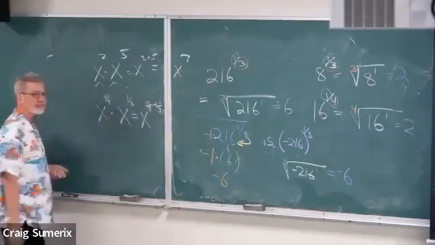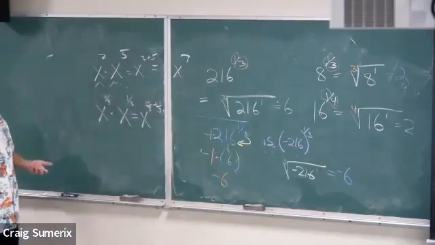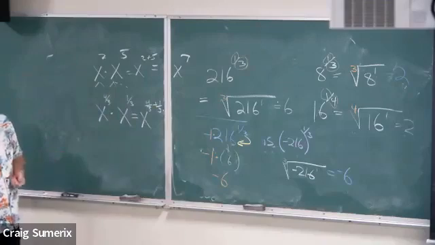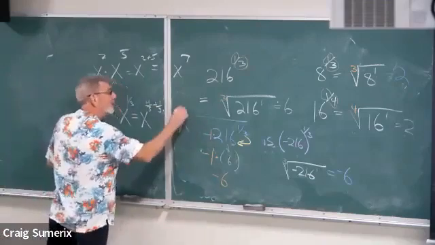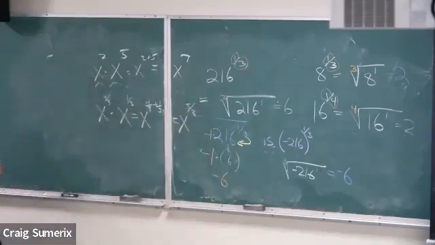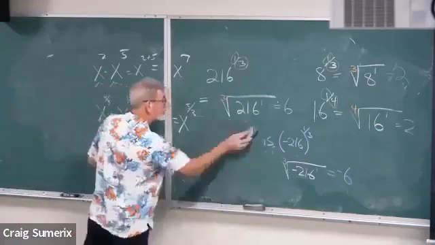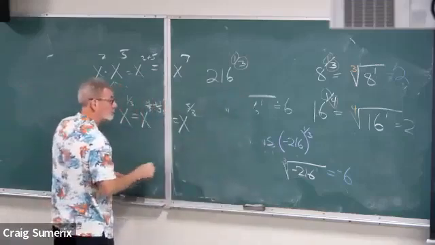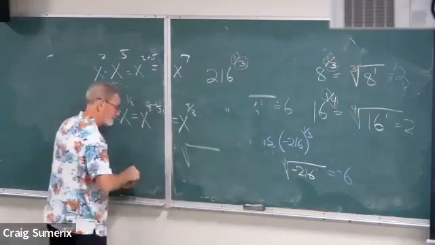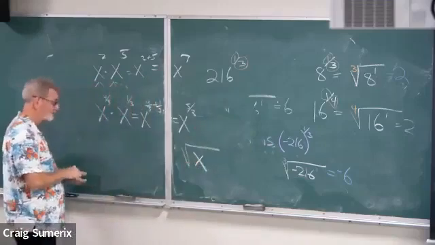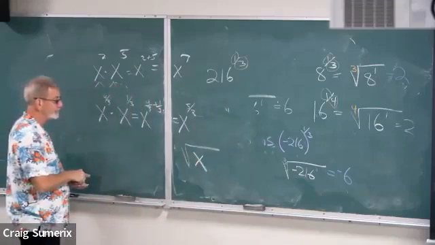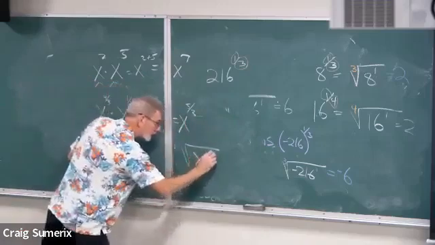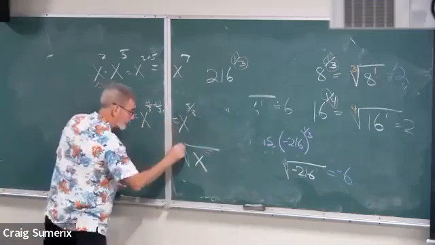We can add the fractions, and now we're back to fraction rules. Are the bottoms the same? Can we add the tops then? x to the 5 over 3. And if they said write this in radical notation, what would this look like as a radical? Where's the 5 go? Top number inside, bottom number outside.